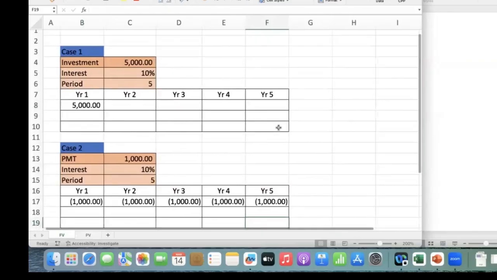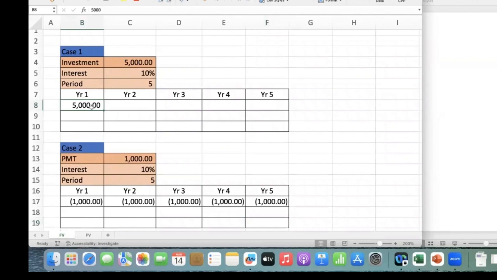We will try to understand the concept of future value. In case 1, suppose I invest 5,000 rupees or dollars in year 1. Now, if the rate of interest in the market is 10%, after 5 years, how much should I expect?